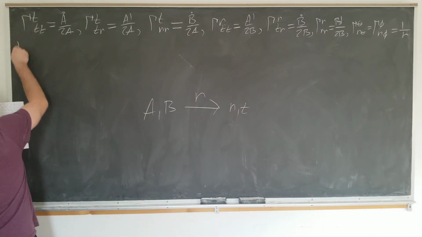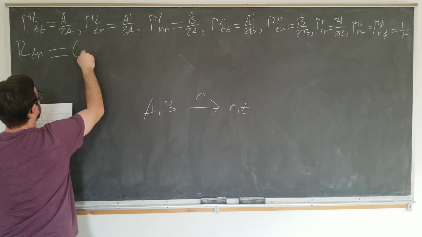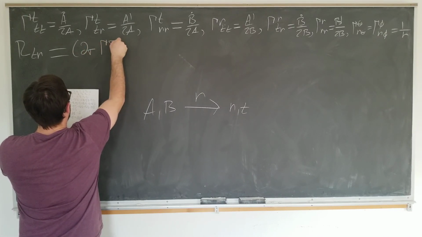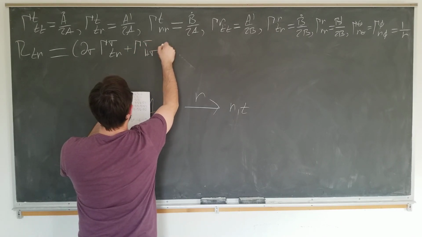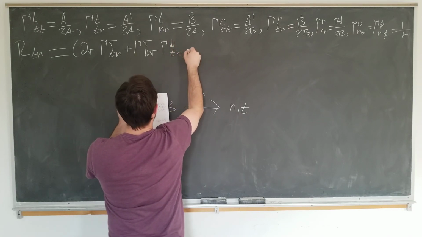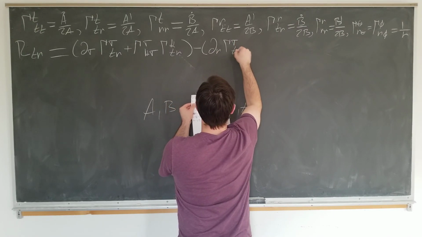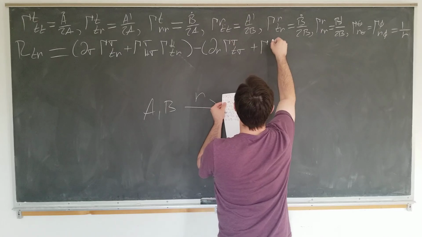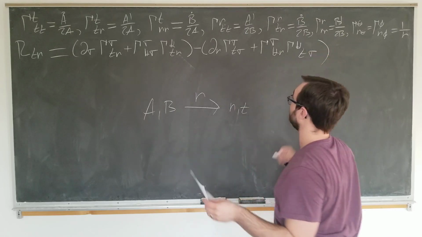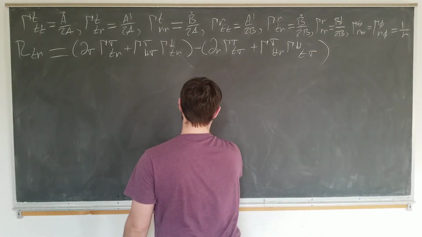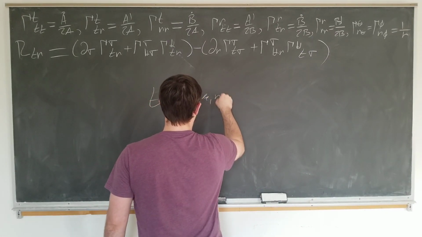We obtain the component R_TR, which, if we write it out, is ∂_σ Γ^σ_TR plus Γ^σ_κσ Γ^κ_TR minus ∂_R Γ^σ_Tσ plus Γ^σ_Rκ Γ^κ_Tσ. Now, this is just the general definition of the Ricci tensor, where if I let T and R go to μ and ν, it's exactly the same.